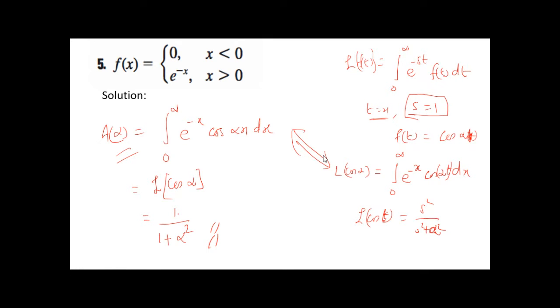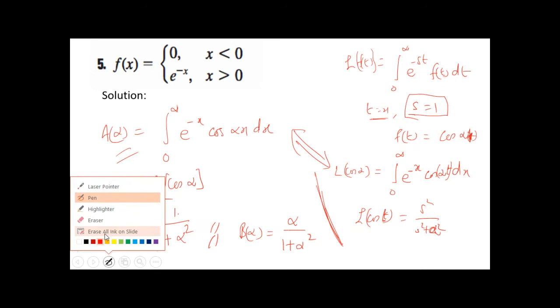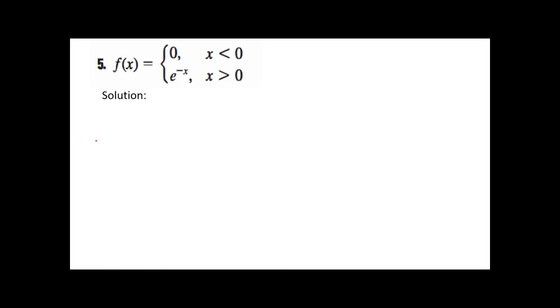In a similar way, try to find B of alpha, which will be alpha over 1 plus alpha square. It will be the Laplace of sine kt, we check it, isn't it? So we got both A of alpha and B of alpha. Substitute in the given function and you will end up with the answer. A of alpha is 1 over 1 plus alpha square, and B of alpha is alpha over 1 plus alpha square.